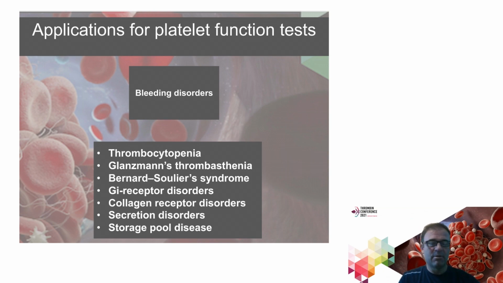For example, using aggregometry, you can very effectively pick up Glanzmann thrombasthenia, which is the GPIIb/IIIa deficiency, Bernard-Soulier syndrome, which is a defect in GPIb or GPIX, Gi receptor disorders, collagen receptor disorders, secretion disorders, and storage pool disease. So this is a well-established technique with which you can very effectively pick up established platelet function defects.